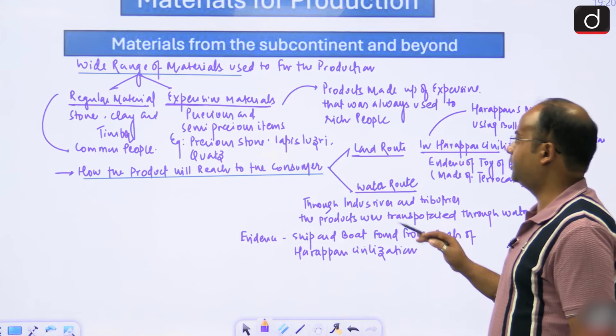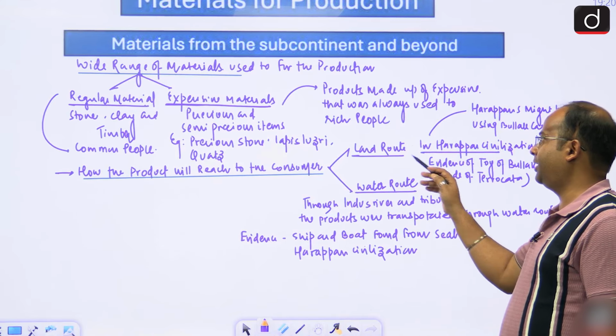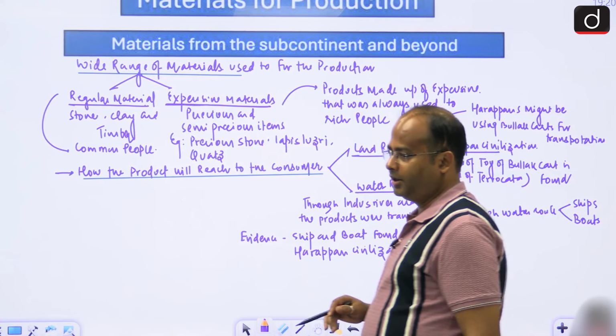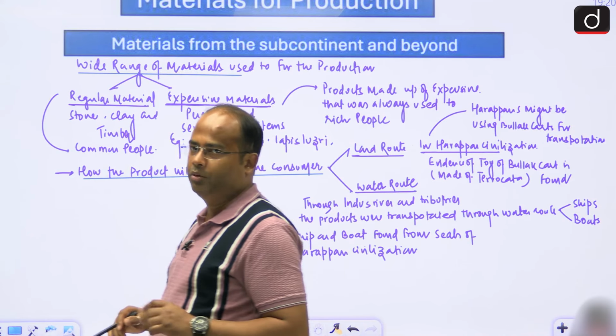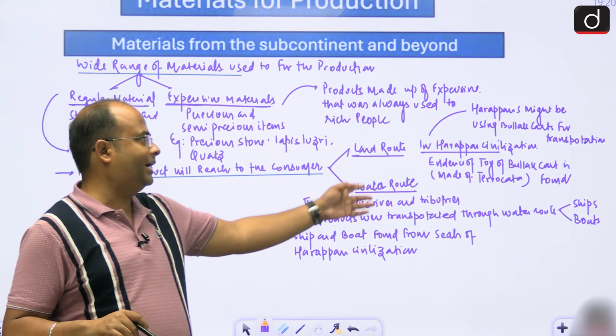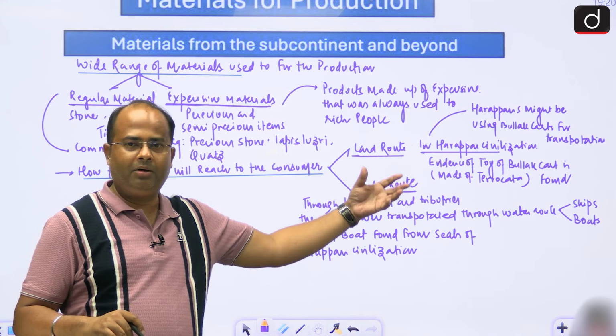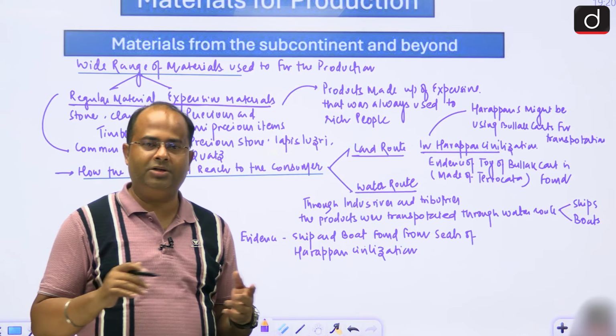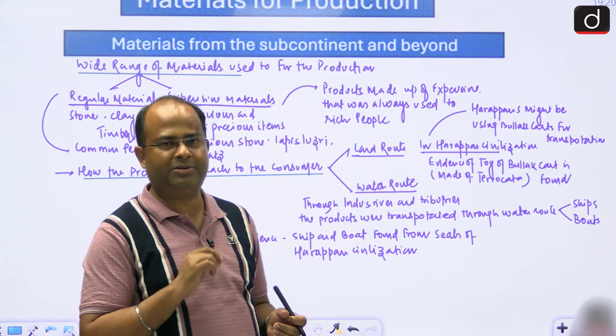So, how can we conclude that they were transferred through the land route and water route? We have found the evidence of the bullock cart, through which we can say that they must have been transferred by the land route, and we have found the evidence on the seals of Harappa of ships and boats.